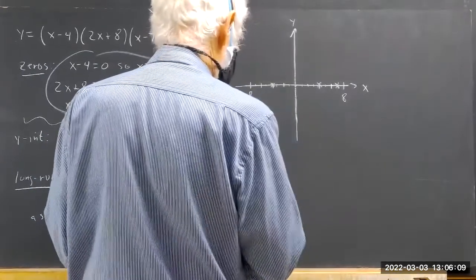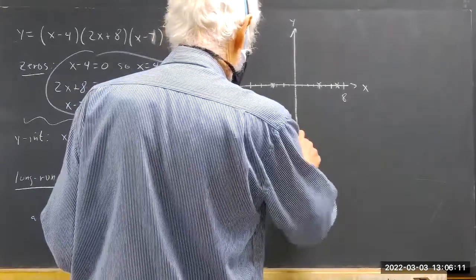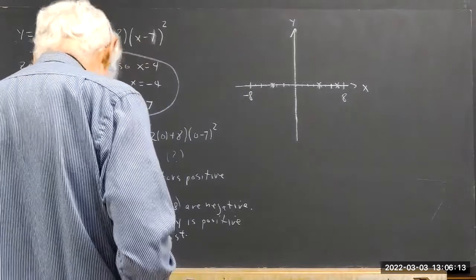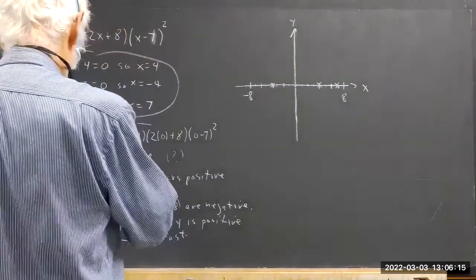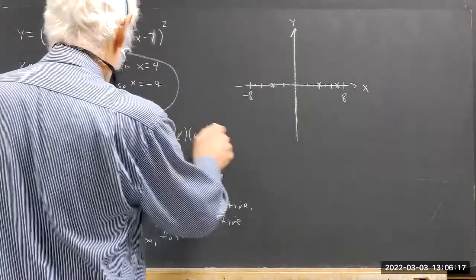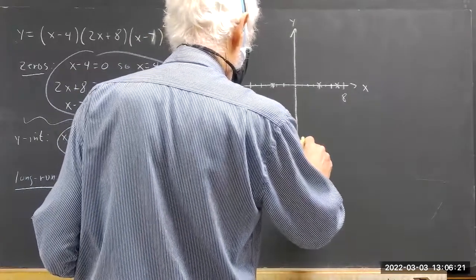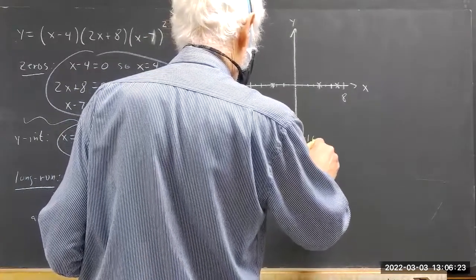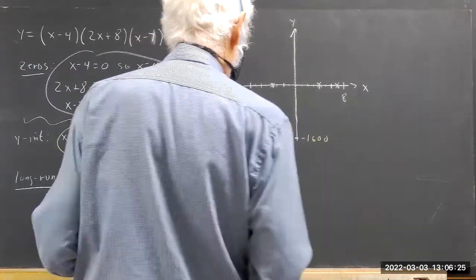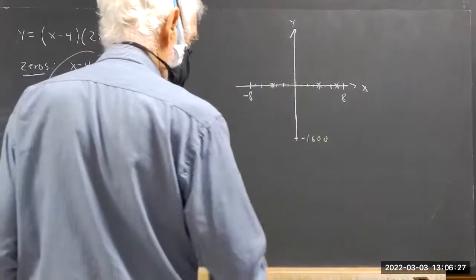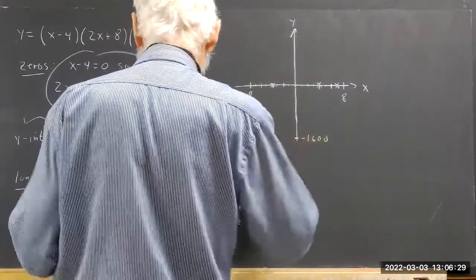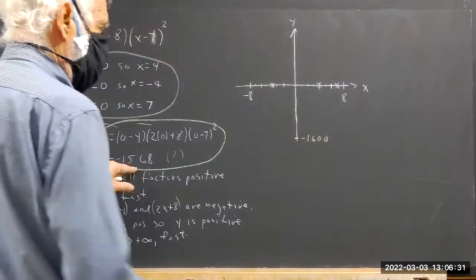Now here just a little further, we'll say that here we have -1,600. So that -1,568, I mean, we can subdivide.